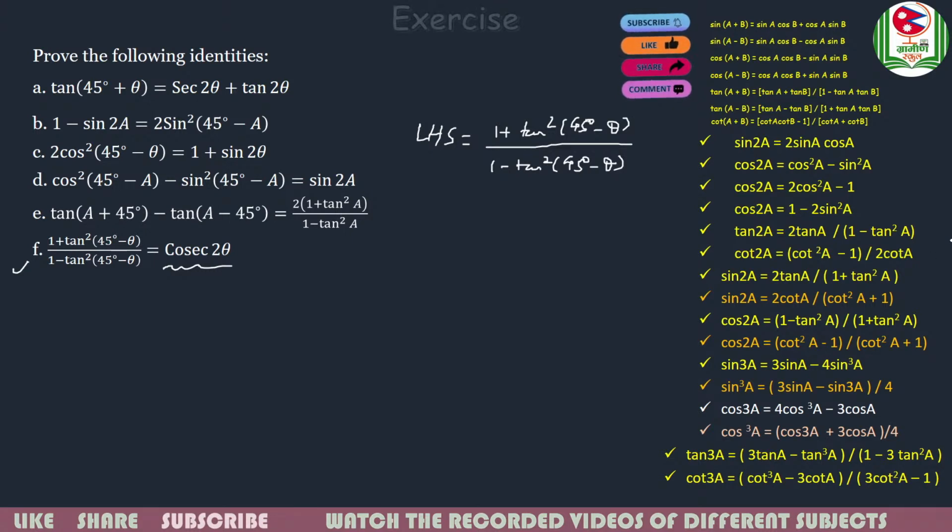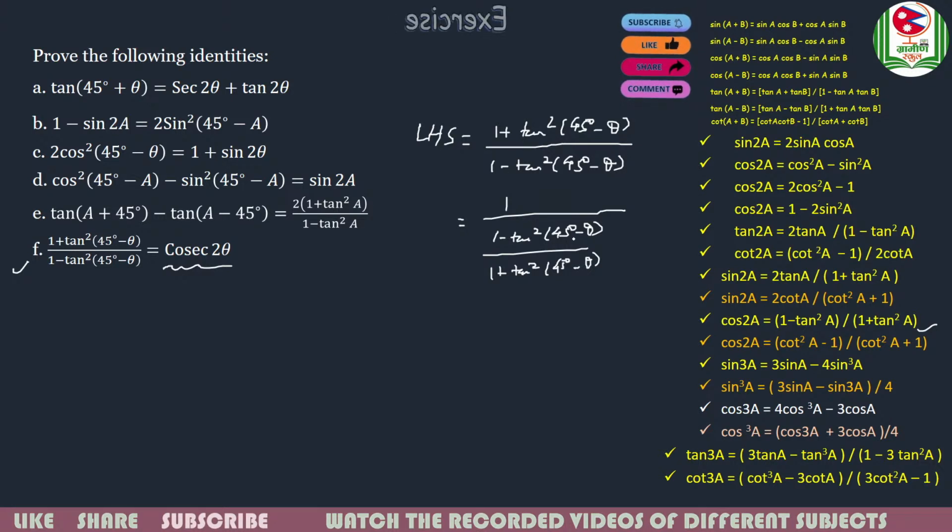But in case of cos, we have the formula 1 minus tan square a upon 1 plus tan square a. So we can easily write it as 1 upon 1 minus tan square 45 degree minus theta upon 1 plus tan square 45 degree minus theta.